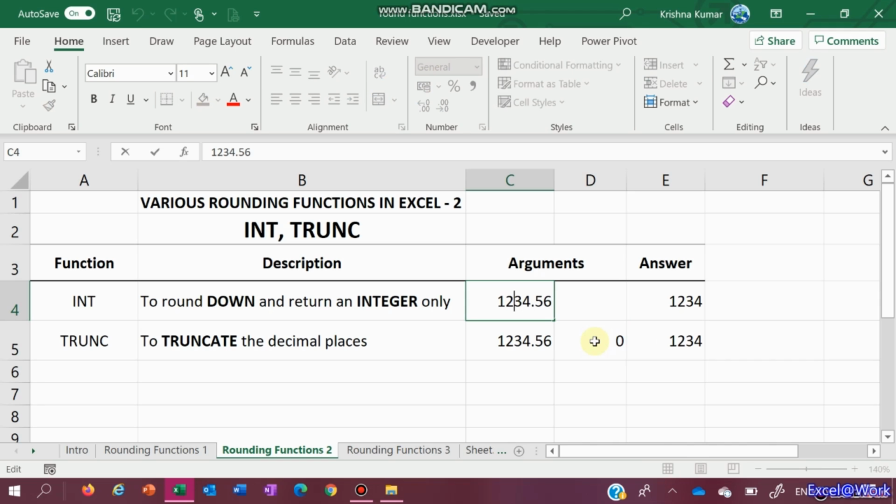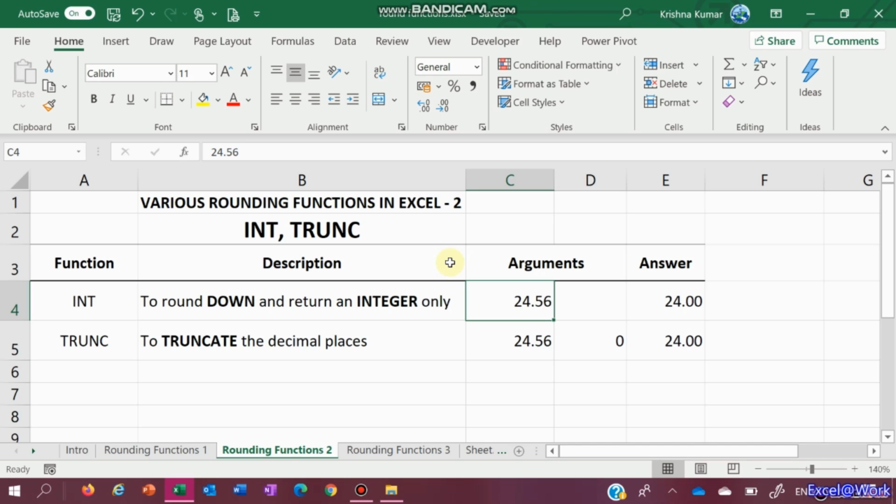If I make this a negative number, INT round downs the number. So this is the difference. The truncate just chops out the decimal portion, it returns 1, 2, 3, 4, while the INT function round downs the number.